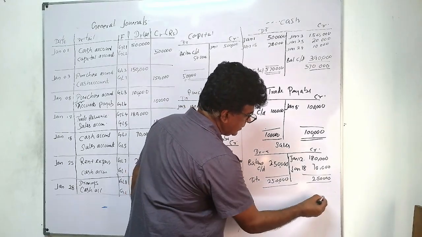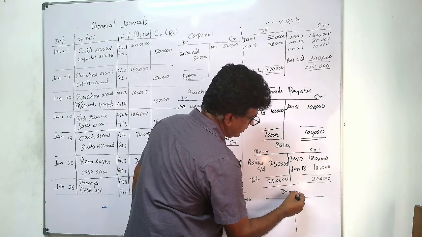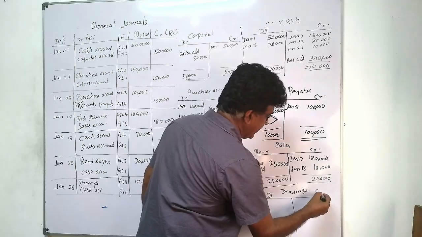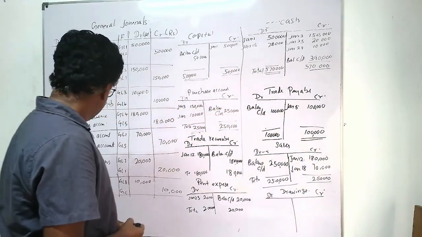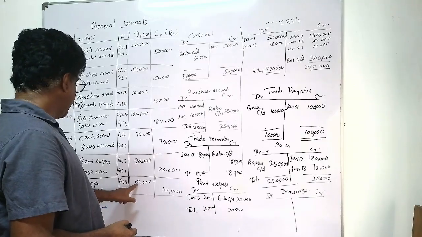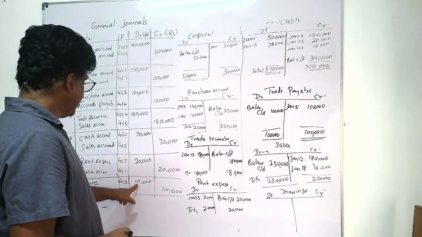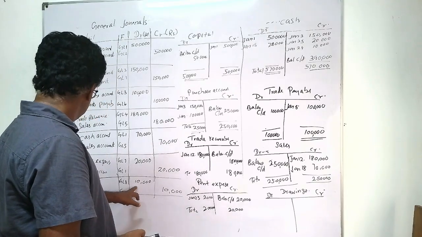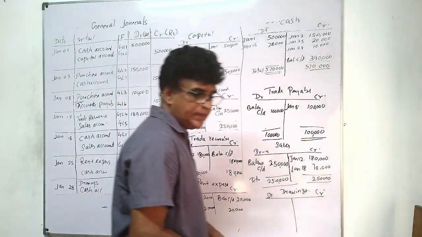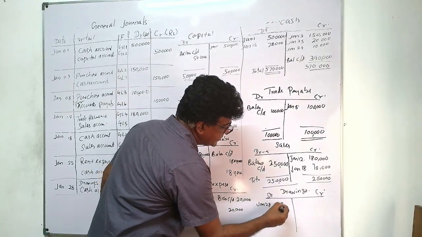Drawings account, debit and credit. In the drawings account, there is a transaction where 10,000 has been withdrawn. That is a debit entry on January 28th, 10,000.